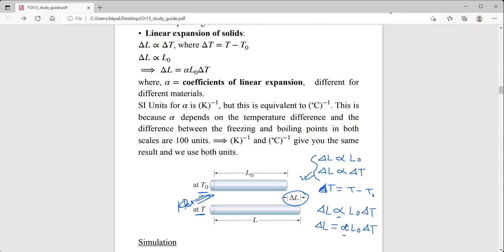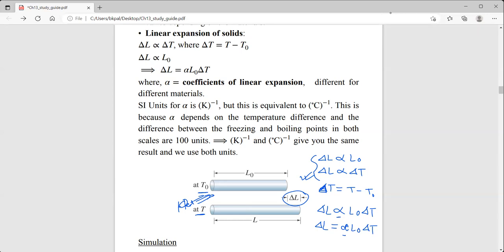For an iron rod, alpha is different than for a copper rod, for example. In the next slide I have a table showing the linear expansion coefficient, or coefficient of linear expansion.